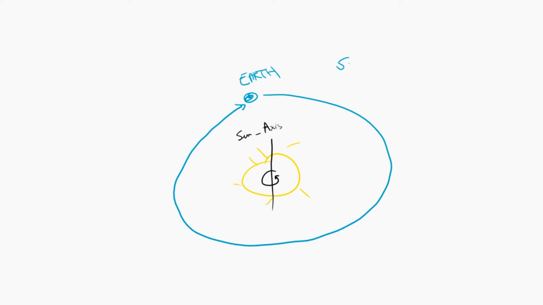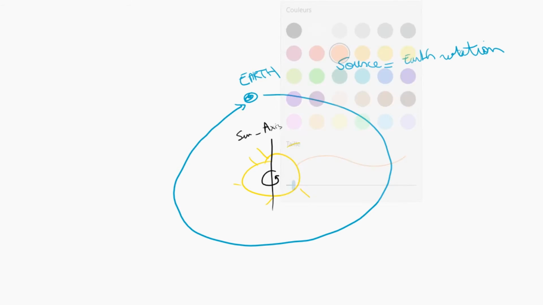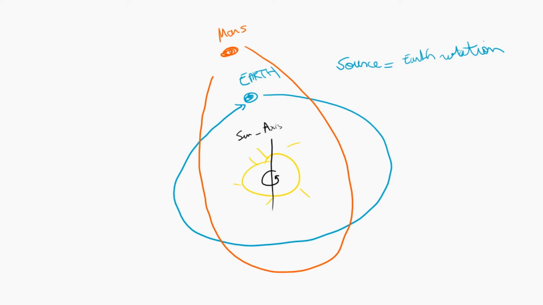The source would be Earth's rotation, for example. Now, if you have a second planet, let's say we have Mars, and Mars is rotating around the sun on another axis than the Earth, so it could be rotating like this. We don't really care. You're going to tell Mars is rotating around the sun, but it has a different axis, like it could rotate around this axis here.